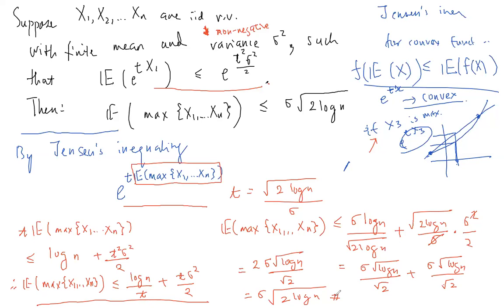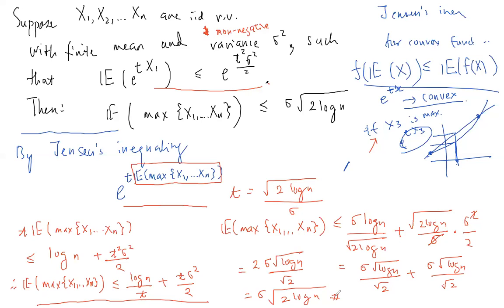All right, so this is how you can actually use all these inequalities that you have learned to generate bounds for expectations of random variables. So this is an example to generate bounds for the expectation of the maximum of n IID random variables. So for example, you have a chi-square random variable.